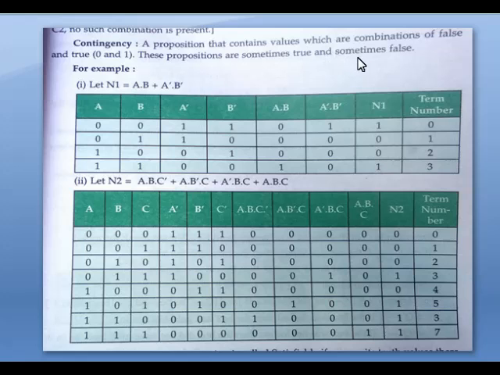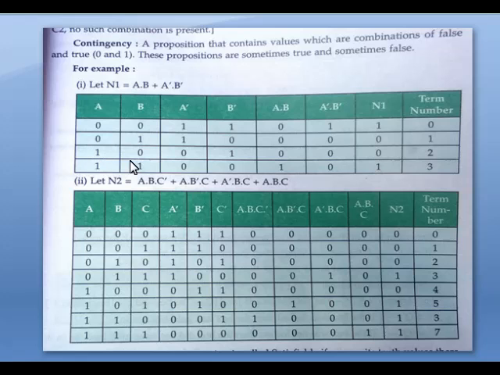There is one statement here, n1, which is the output. The expression is a b plus a dash b. A b means 2 bits, and 2 bits means 0 to 3, so the term numbers are 0 to 3. The values of a and b: binary of 0 is 0 0, binary of 1 is 0 1, binary of 2 is 1 0, binary of 3 is 1 1.